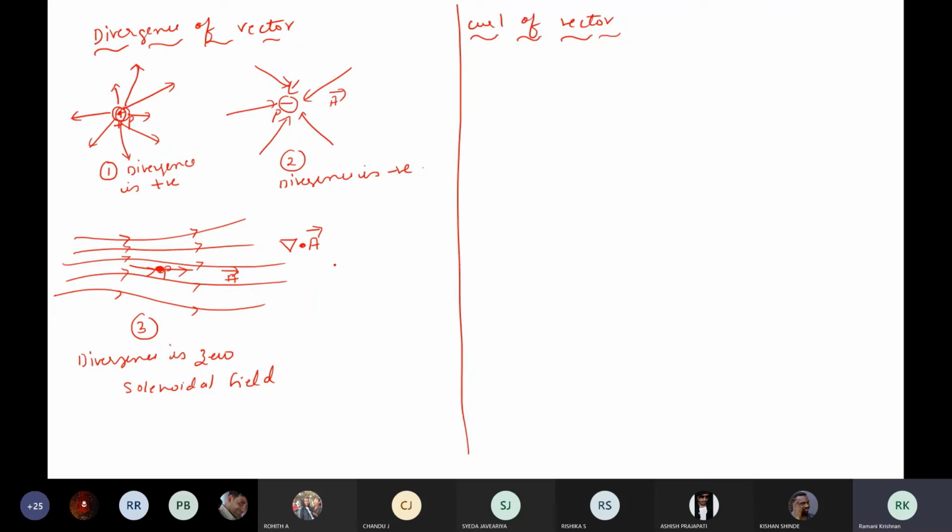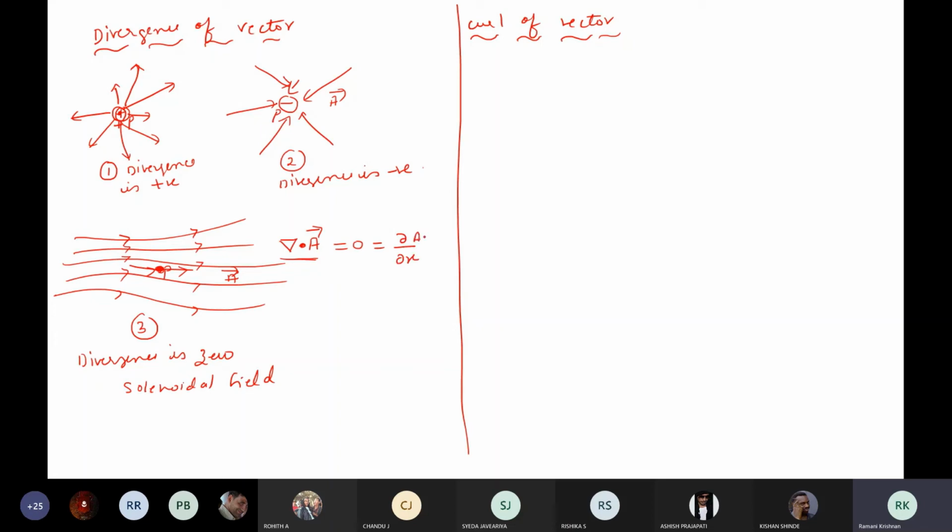Divergence is represented by del dot A, and in this case it is equal to 0. And del dot A, how can I represent it? We wrote that, no?